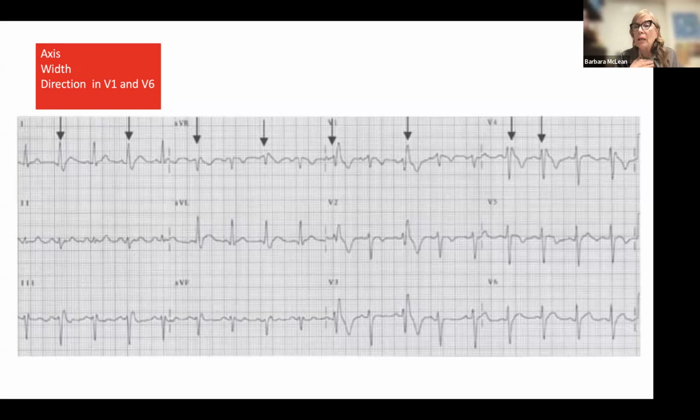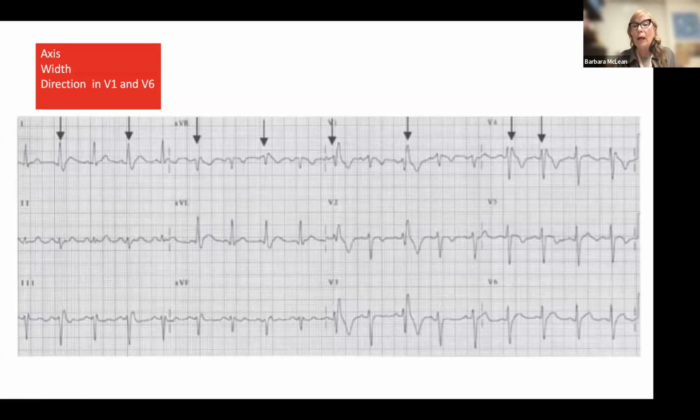Now, I want to mention here that what you're seeing, where all those arrows are, is a rate-related bundle branch block. A rate-related right bundle branch block. So intermittently, I'm going to see this R wave with the deep S wave, and then I don't see it. And I see it over here in V1, an R wave with an ST and T wave going in the opposite direction.